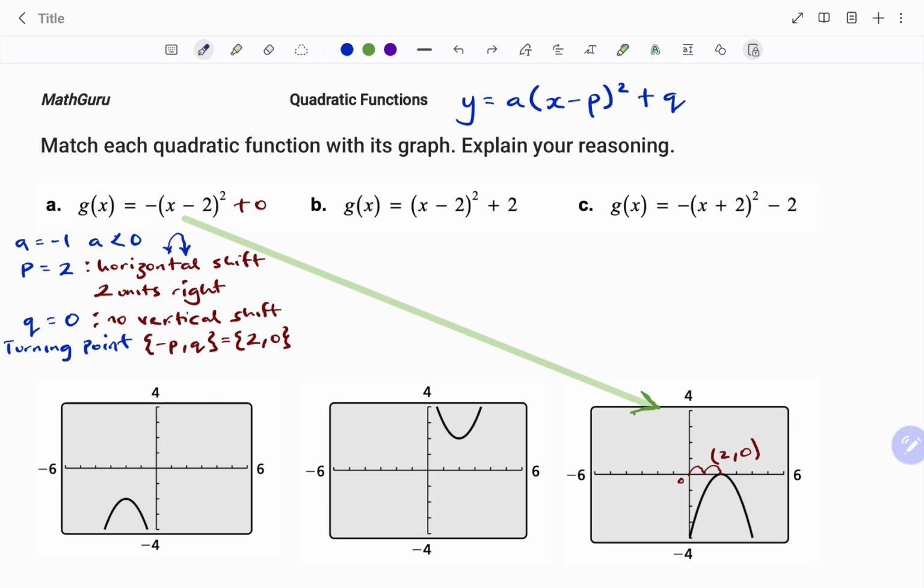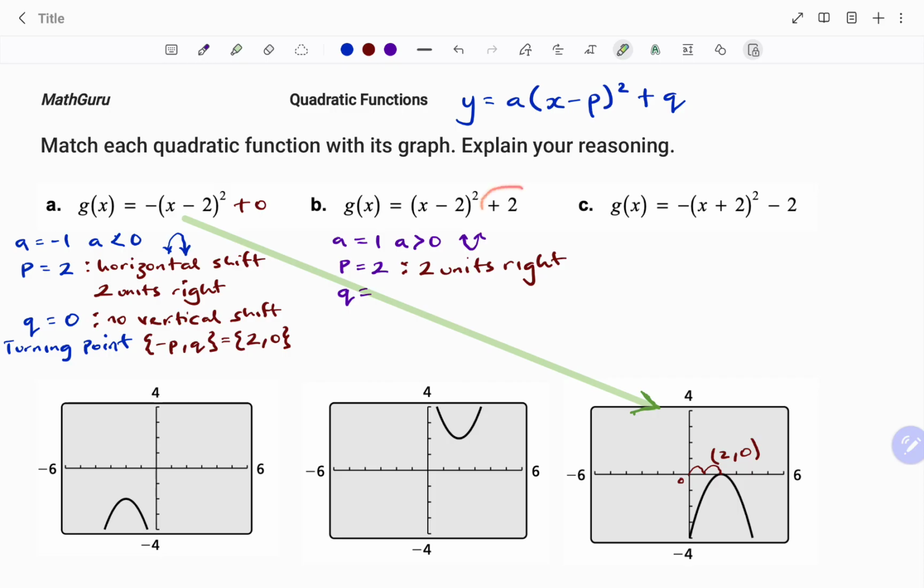For the second function, we start with the value of a. We have a equals 1, and what that means is the value of a is greater than 0. Therefore, my graph will be concave up. The second interpretation is my p value. My p is equal to 2, and what that means is I have a horizontal shift 2 units to the right. And then for this function, if you look at the vertex form, the plus q at the end signifies a vertical shift.